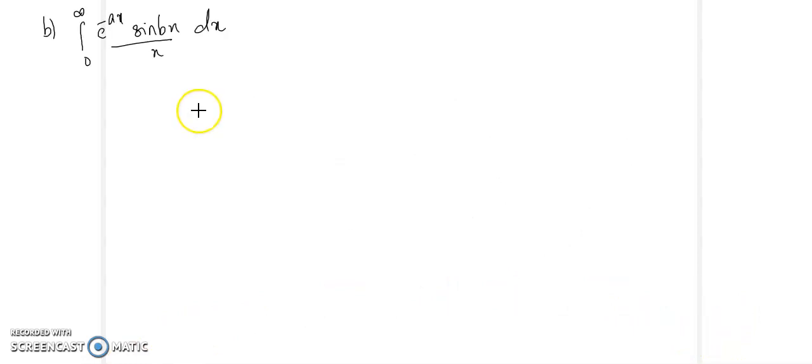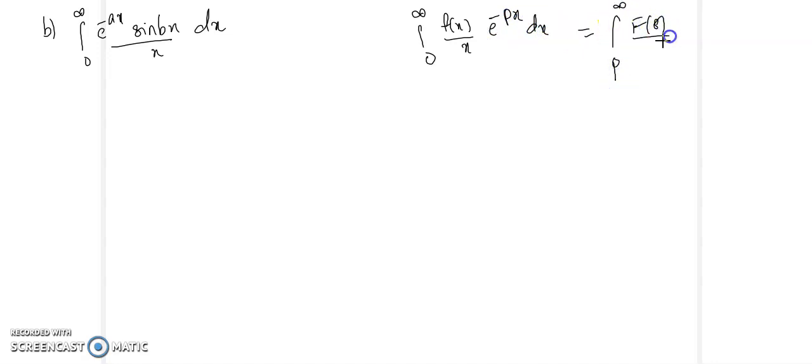Next we need to find the integral 0 to infinity of e raised to minus ax sin bx by x dx. So this will be in the form integral 0 to infinity of f of x by x e raised to minus px dx. So you will get integral p to infinity of f of s ds. Now let us calculate f of p.